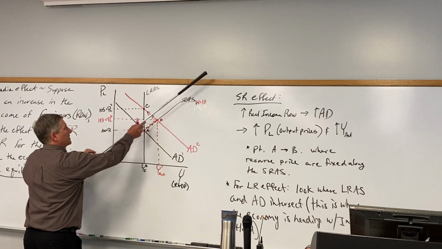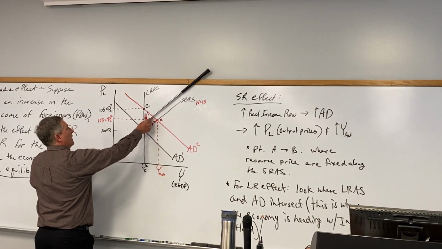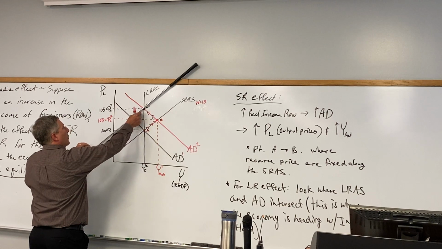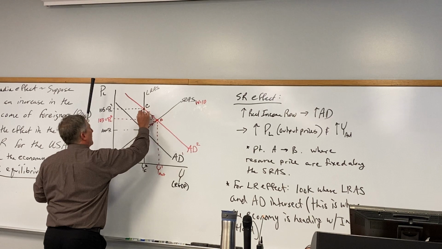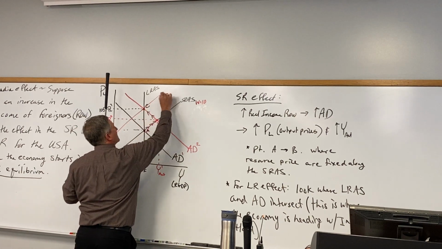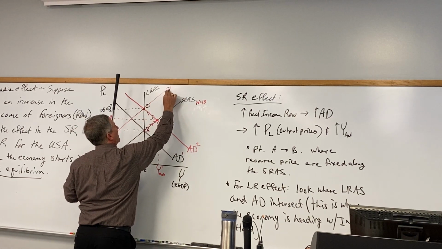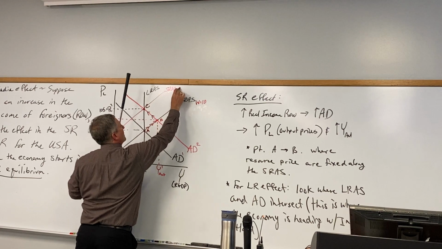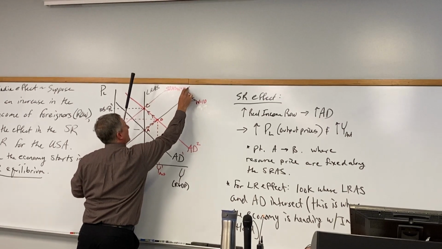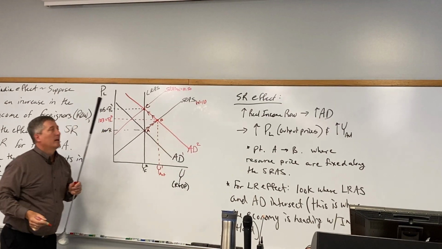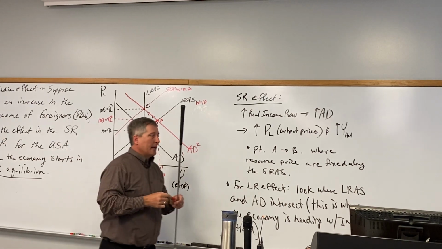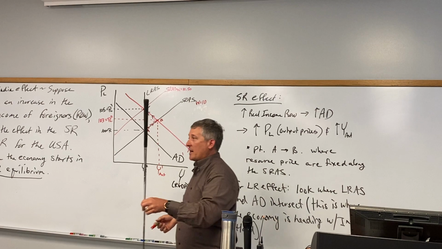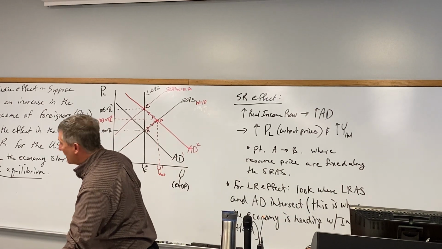And so resource prices start to adjust upward. Where do they find balance again? Where do we find equilibrium? With a 5% resource price adjustment, which means $10.50 is the new wage level. And now at point C, we're back to a long-run equilibrium.